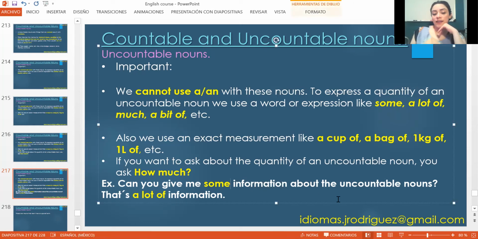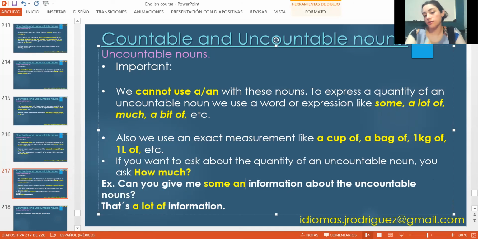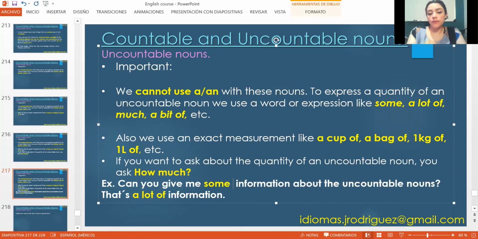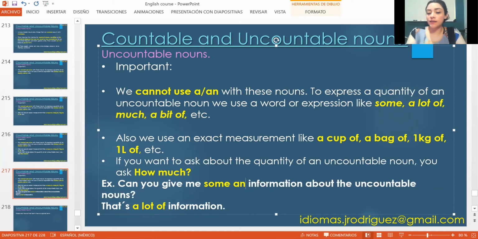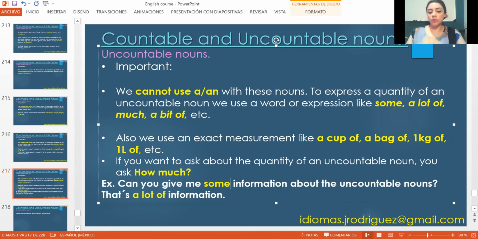I cannot say, can you give me an information? No, because it's not countable. Information is uncountable. Si fuera contable, quizá podría usarlo así, an, pero es incontable, por lo tanto utilizo some. Some information about the uncountable nouns.